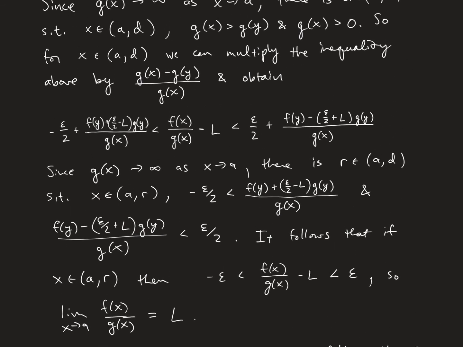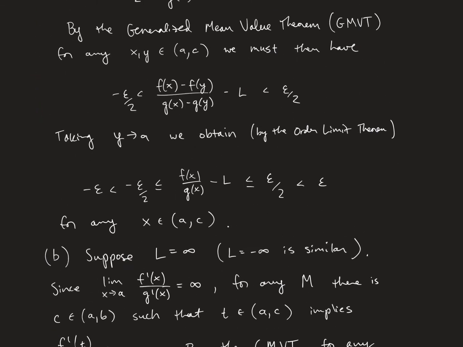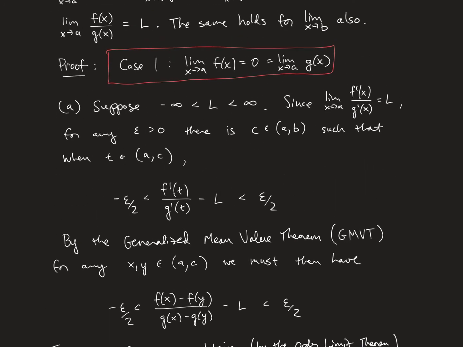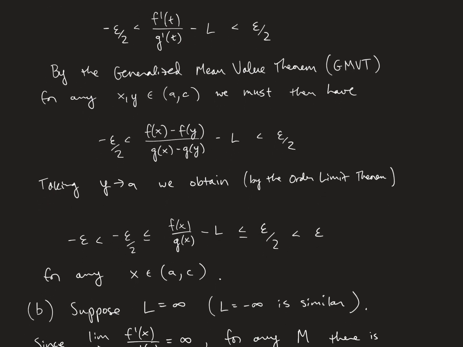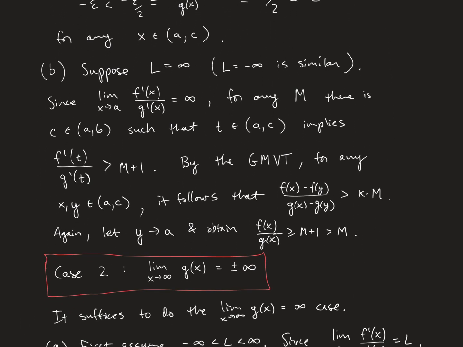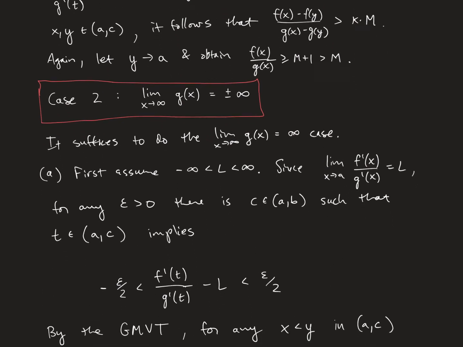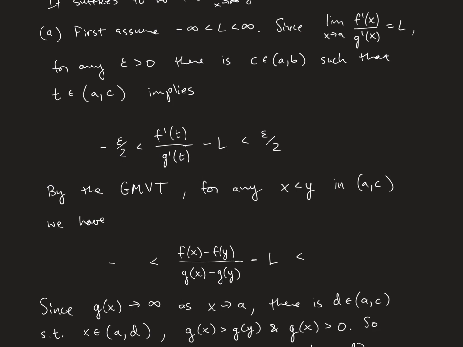So that's the main part of the proof, is just to see the different cases where your f and g are going to 0 as you approach a. It's just a simple application of the generalized mean value theorem and then taking a limit, and then where your g of x is going to infinity. In that case, it's a little bit more of an involved application of the generalized mean value theorem.